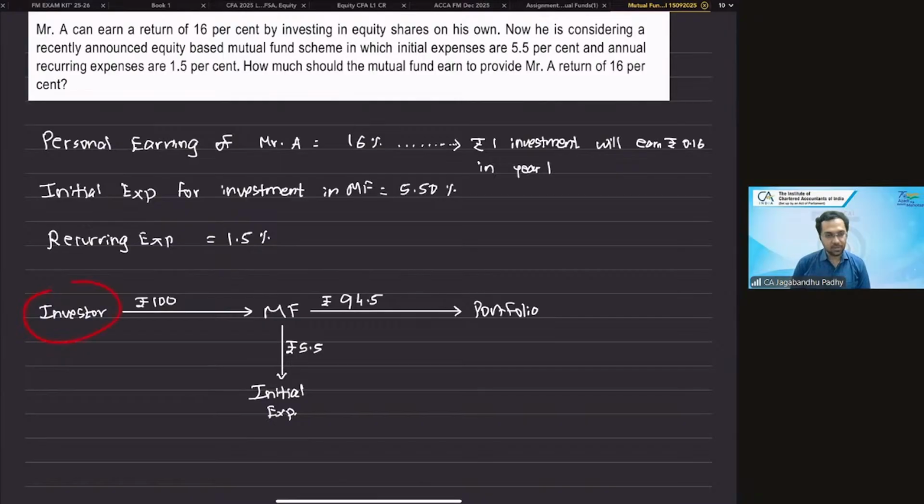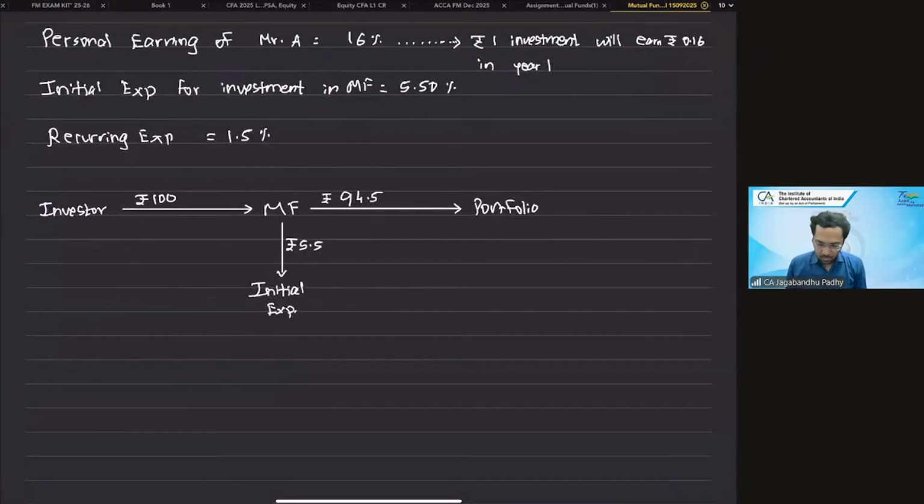And our investor is very clear. What is the rate of return that an investor requires? 16%.